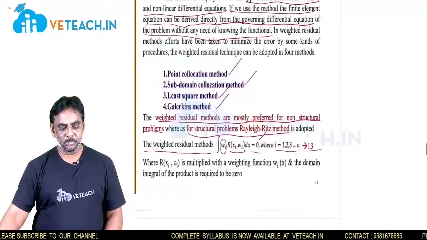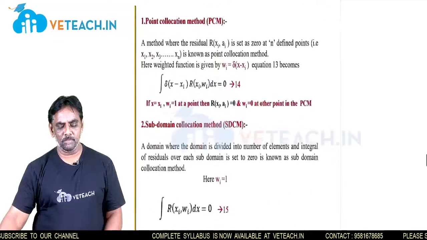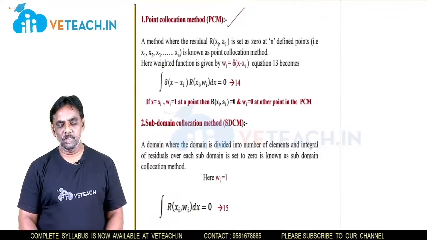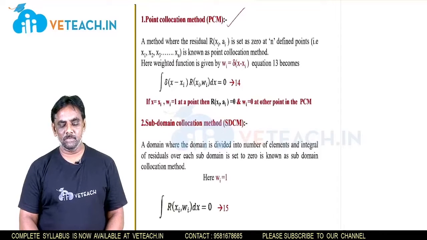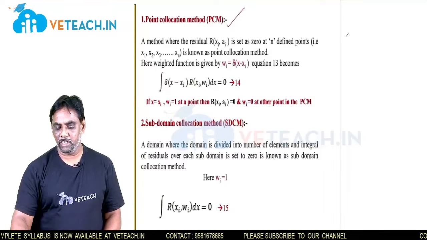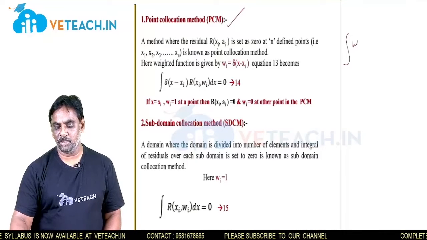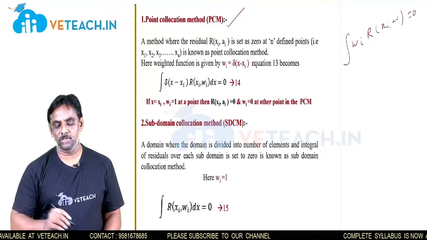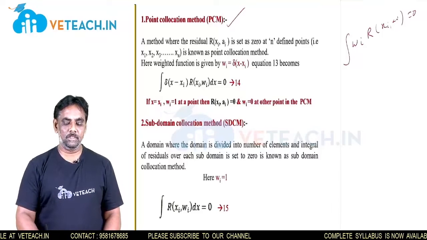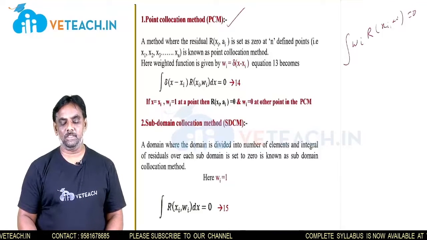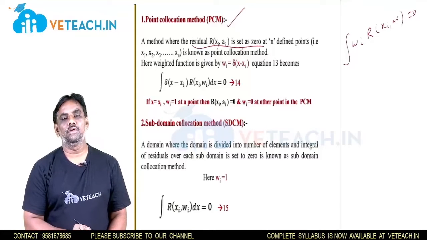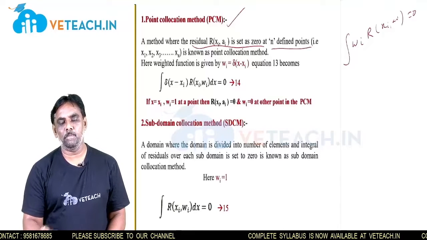So in this case, let us first discuss the point collocation method. As we discussed, the weighted residual method is nothing but the weight of some function with respect to the residual of any variable, set to 0 generally. In the point collocation method, the residual is set to 0 when we take n number of points.